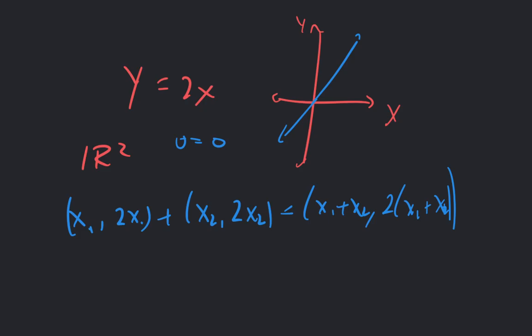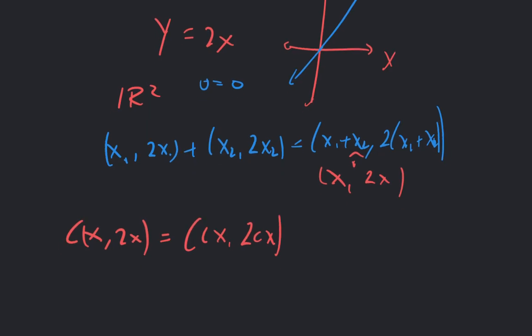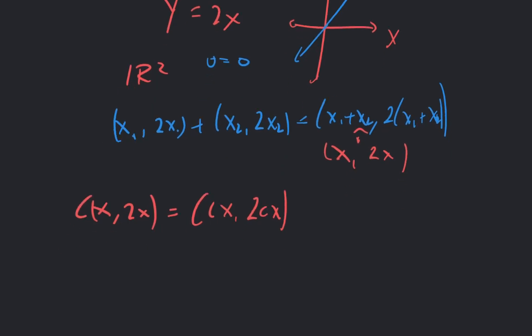And this is just x comma 2x. If we want to simplify it a little bit, we can also have a scalar multiple. And that's still on the line.